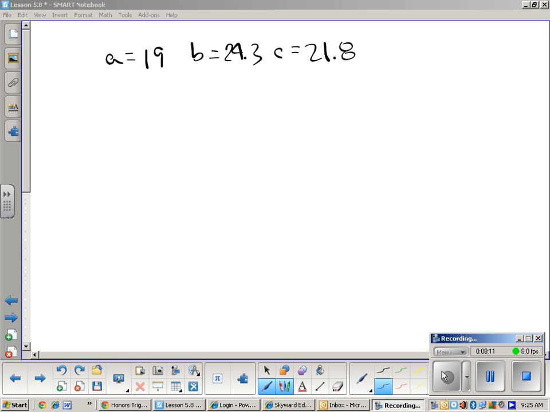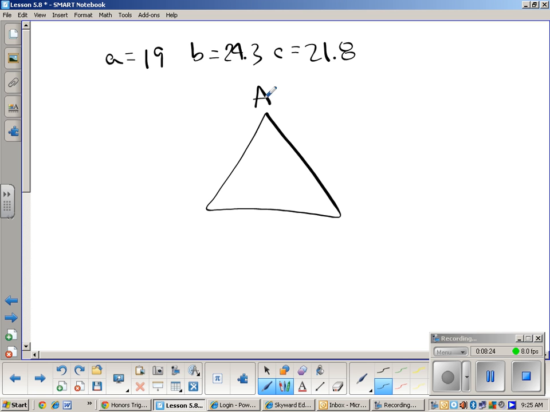So if we look at this, I think they're asking us to solve this triangle. And so A is 19, B is 24.3, and C is 21.8.